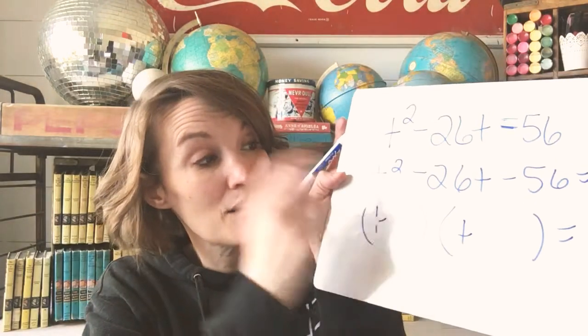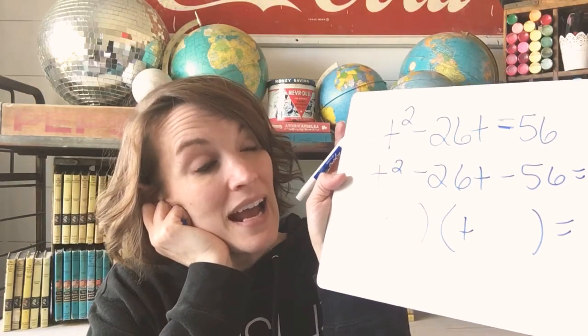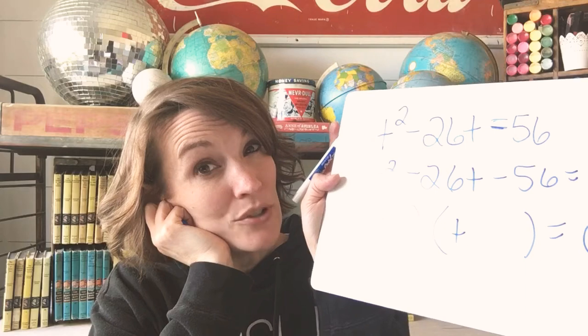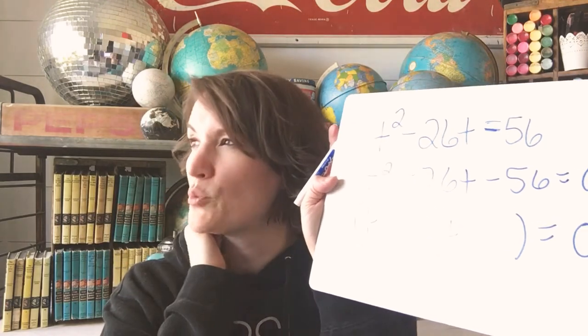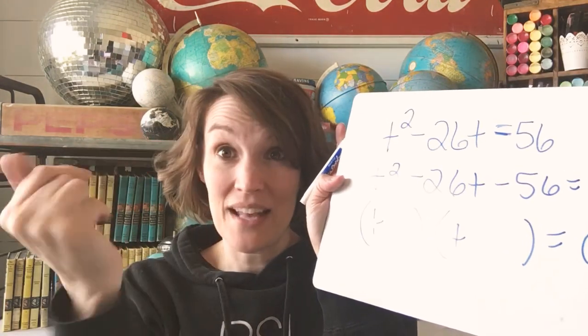Now I factor it into two binomials and I put my t and my t where they need to be because t times t equals t squared. And I ask what two factors of 56 add or subtract to give me 26? Automatically I think 7 and 8.